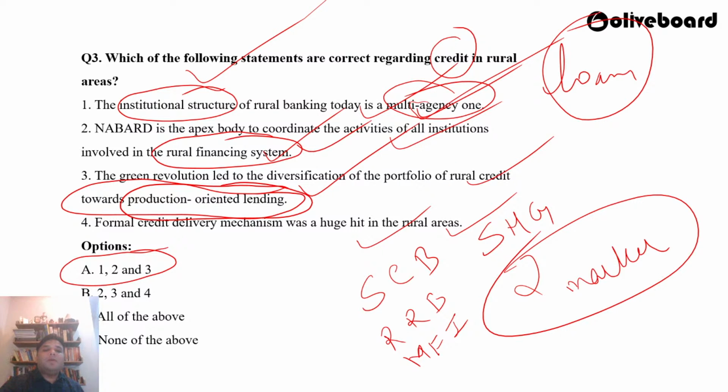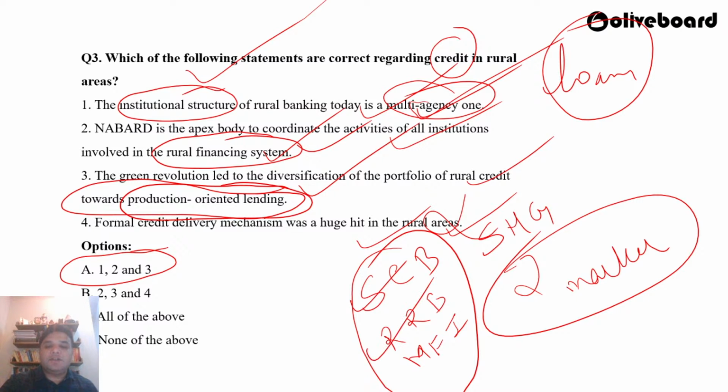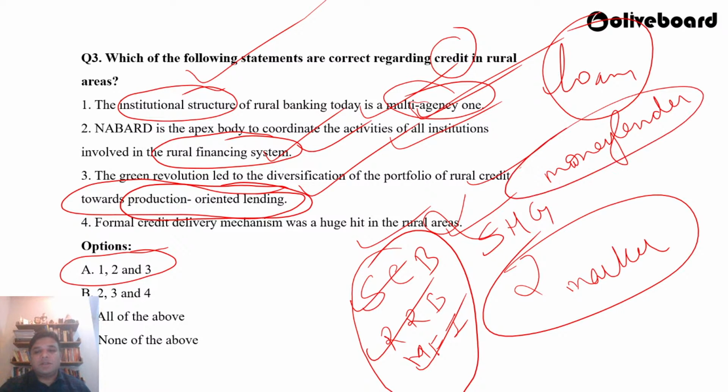Fourth, formal credit delivery mechanism was a huge hit in rural areas. Incorrect. Formal credit delivery mechanism means when you provide loans through scheduled commercial banks, regional rural banks, microfinance institutions. But today also what we see is that in rural areas, it is not the micro lending institutions or the banking structure, but it is the typical and traditional money lender who ends up giving more loans in the rural areas.